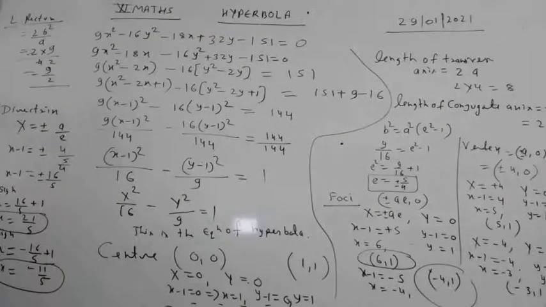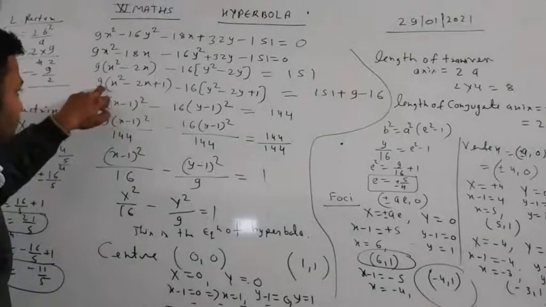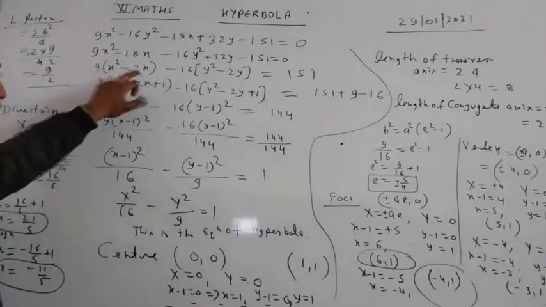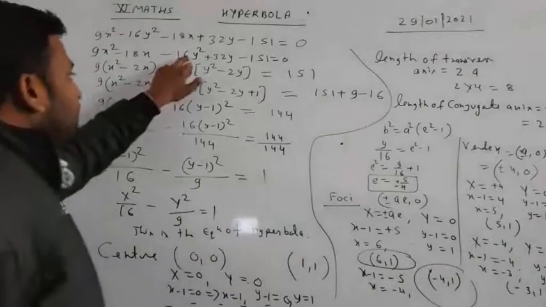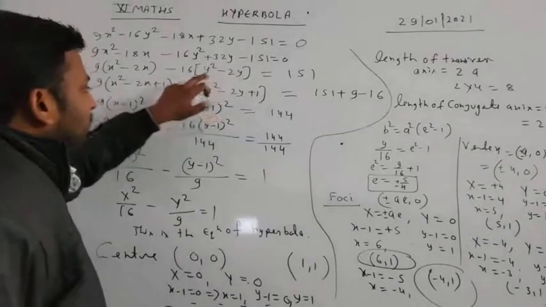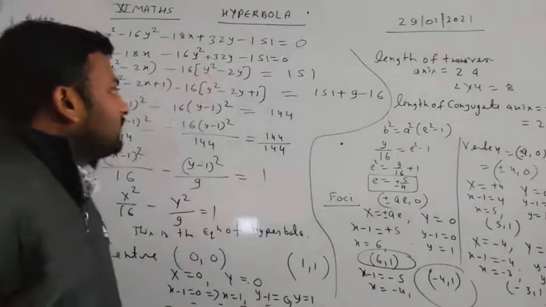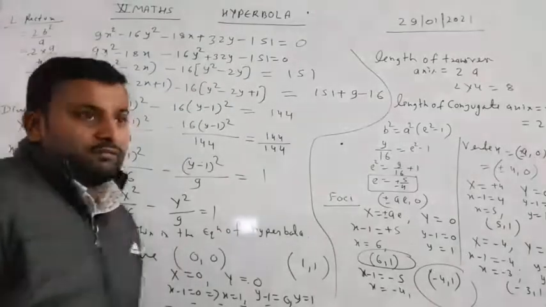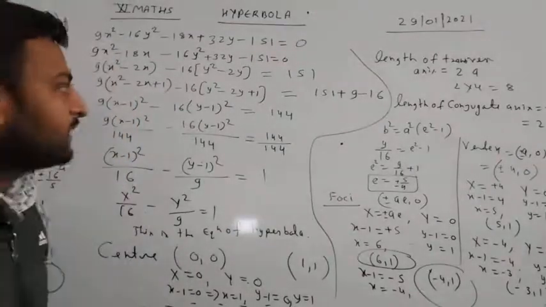Now we see that 9 is common, so we can write x square minus 2x. Again 16 is common in these two terms, so we can write y square minus 2y, and minus 151 we send to the right hand side.